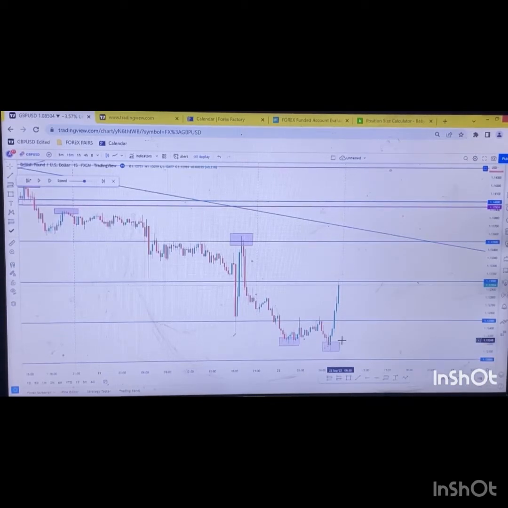Because I prefer to follow the trend. I don't want to trade against the trend. I'm actually looking out to make profit from this market, and at the same time I don't want the market to just cut me short of any trade. So I prefer to go for the major trend, which is the sell.